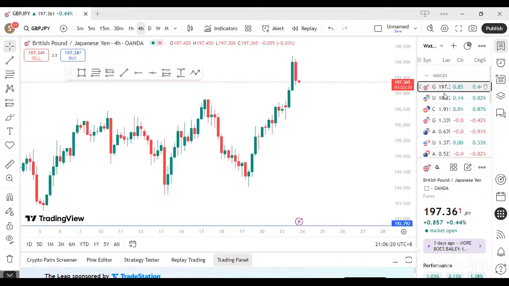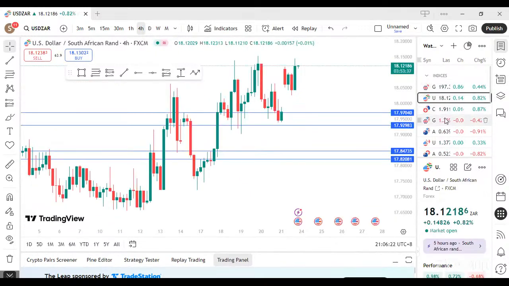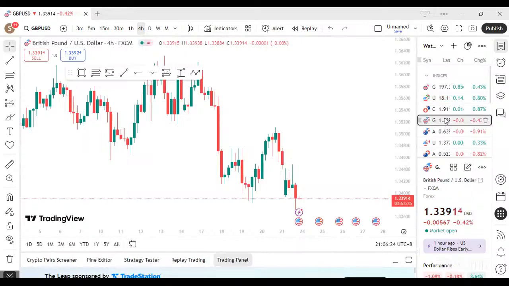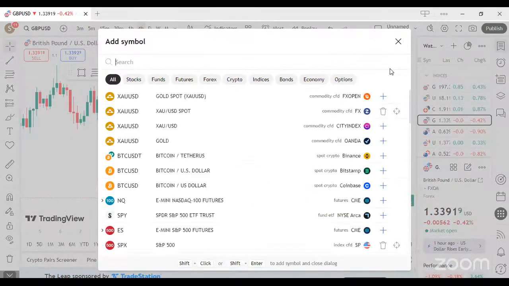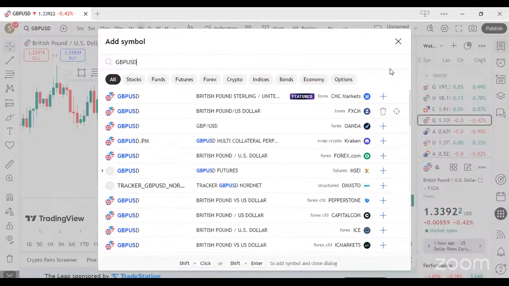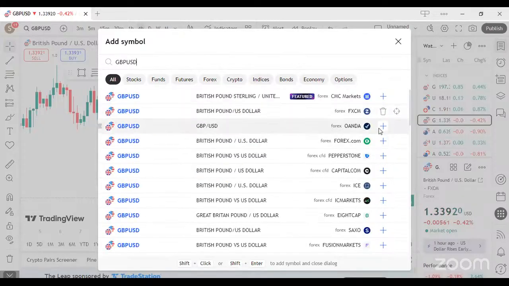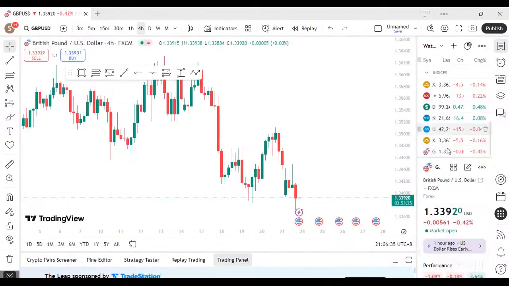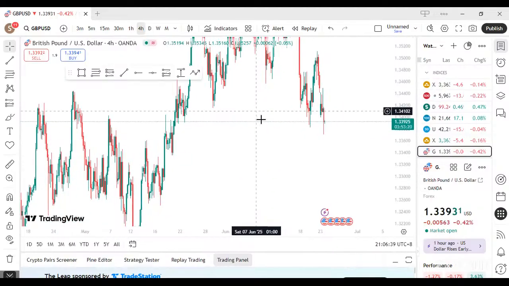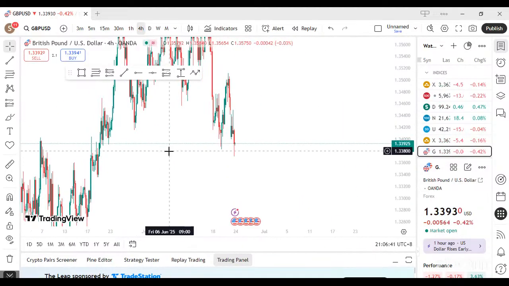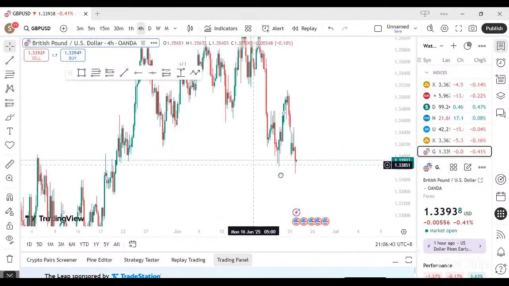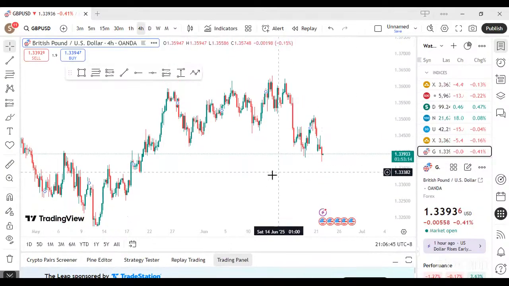This USD, how about? This one, right? Oh, you want that? Okay, wait. But this one is going in the bearish direction now.